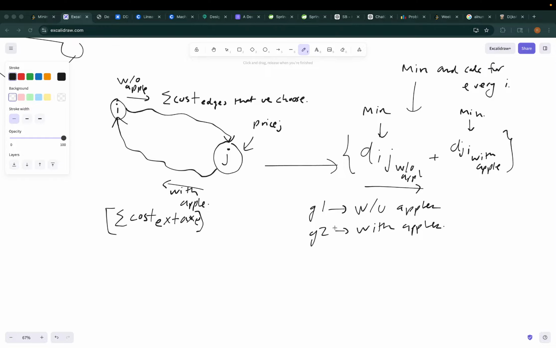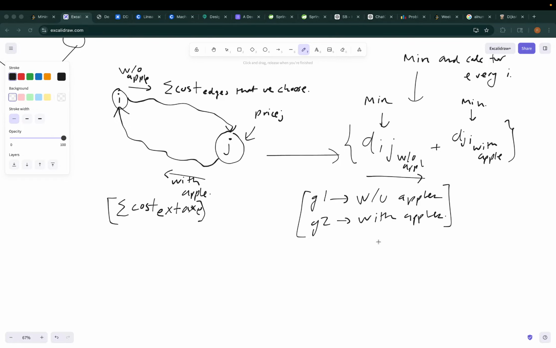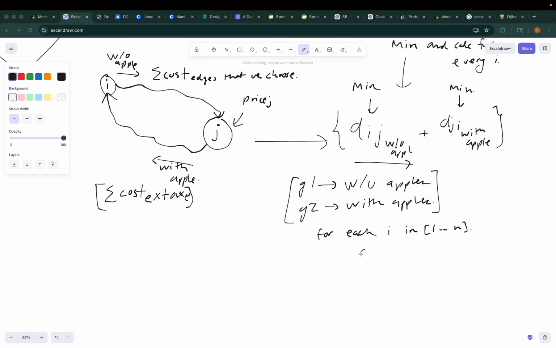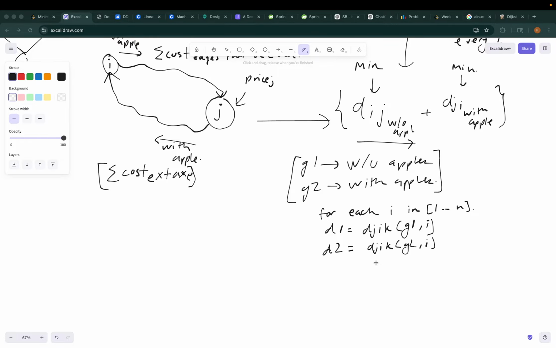And now for each node you brute force. For each node I in all the nodes 1 to n, you calculate Dijkstra on G1 starting from I, and that's your distance array, which is without apples, and then Dijkstra again on the graph G2 starting from I. You also maintain a global array.